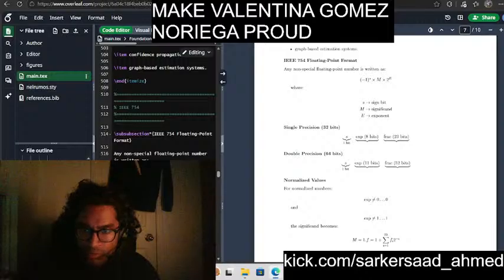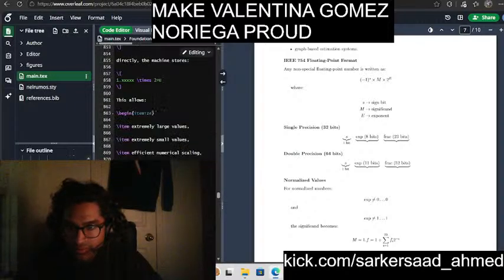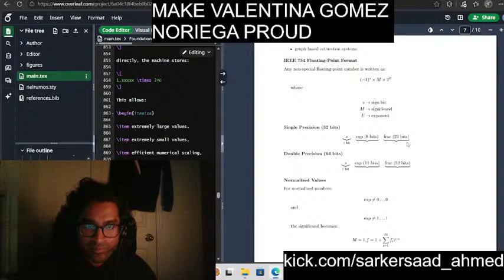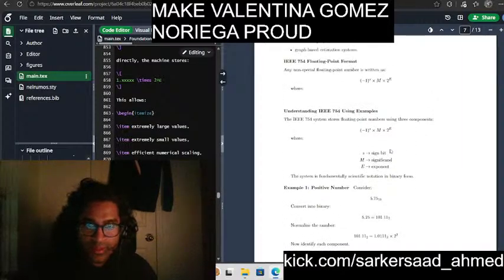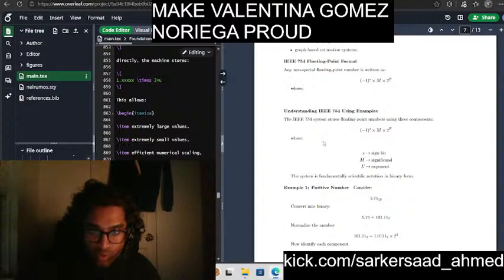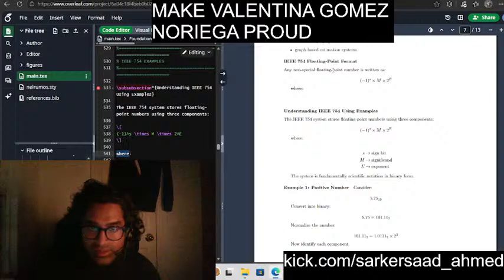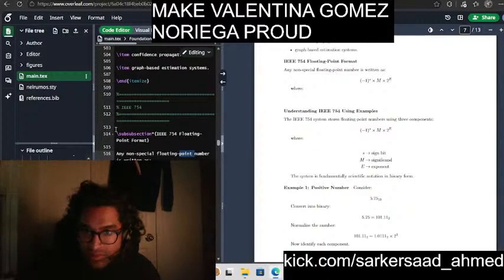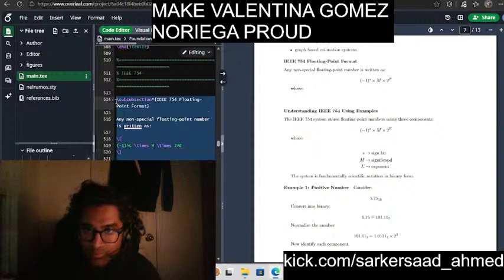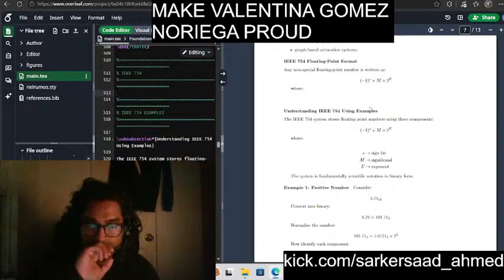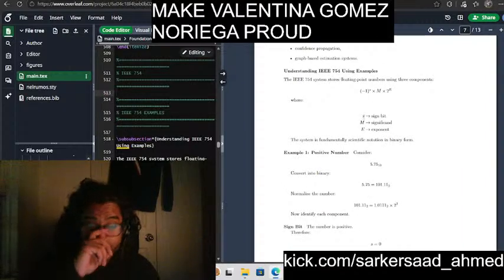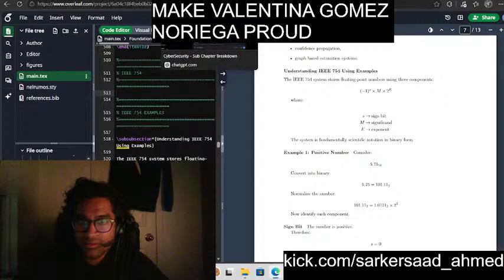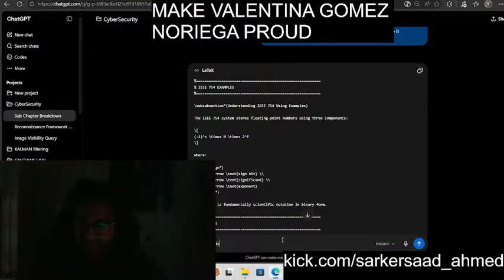So any non-special floating point number is written as -1 to the power s times m times 2 to the power e, where what? Oh, there. So what is IEEE?